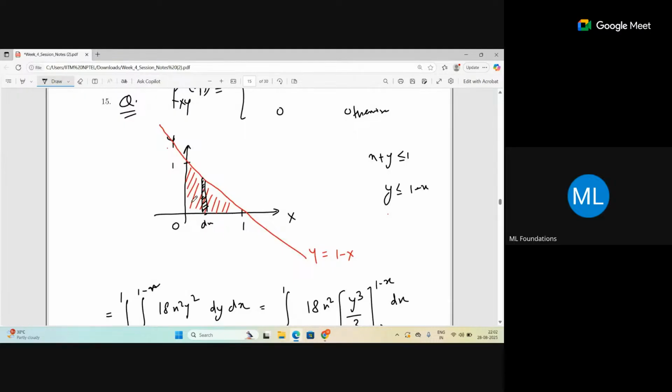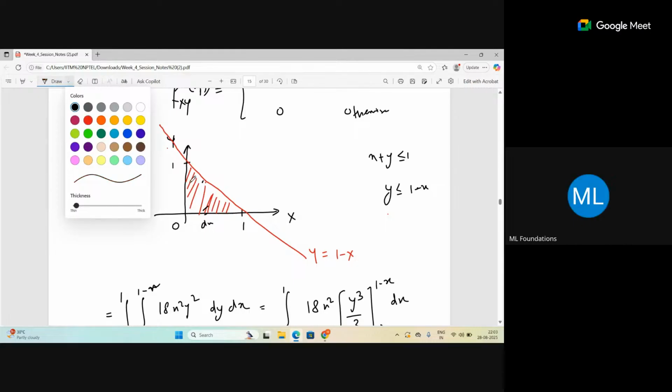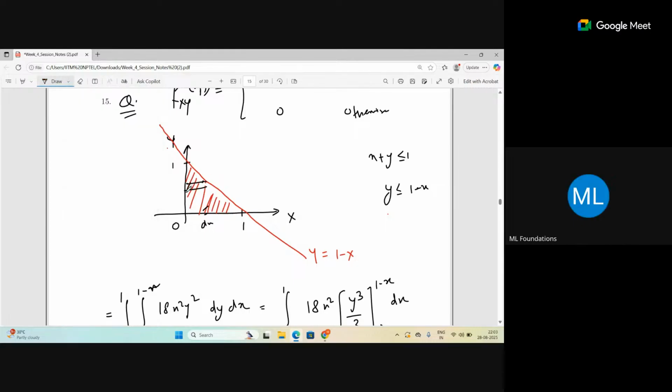You can do it either way, that is fine. You are trying to check the area. So I am taking this horizontal strip. In this case x will go from 0 to 1 minus x, or yeah, sorry, that was correct.